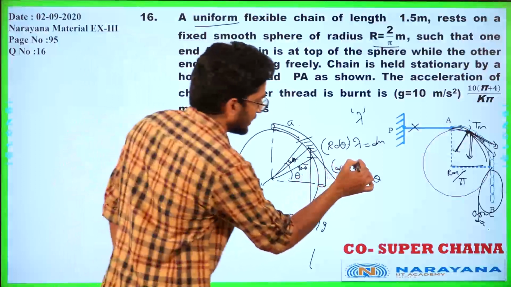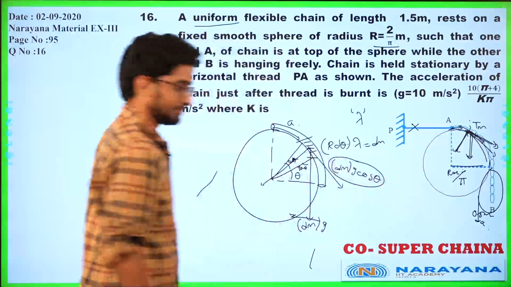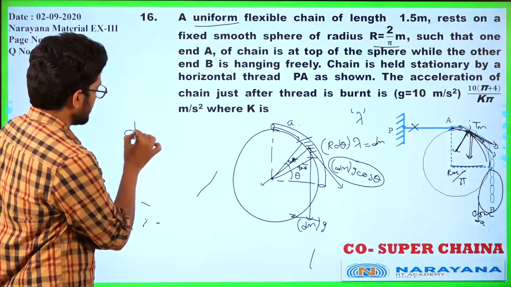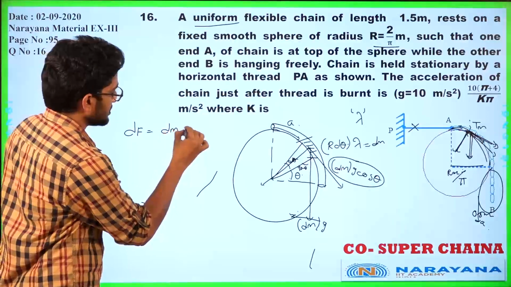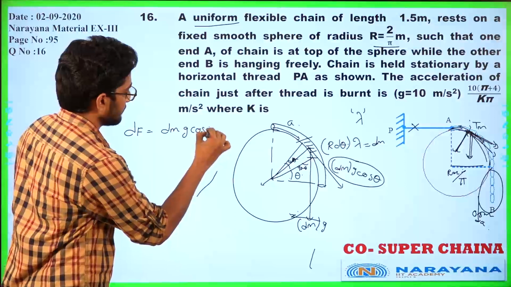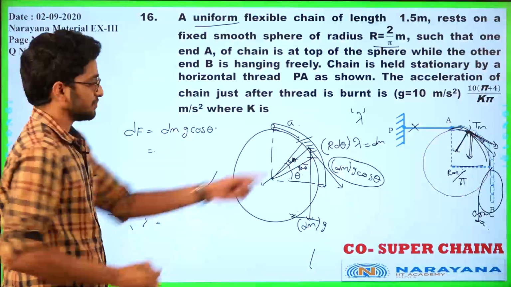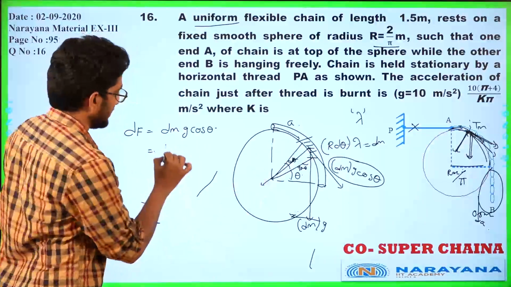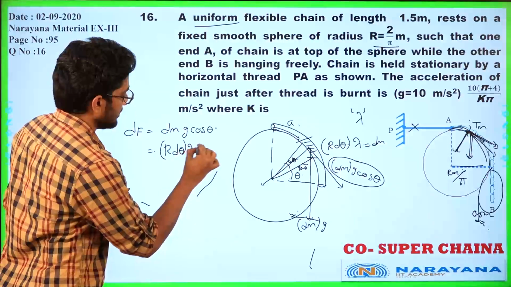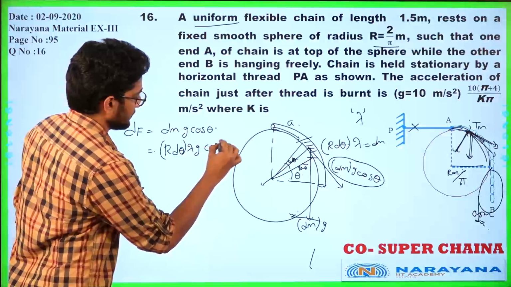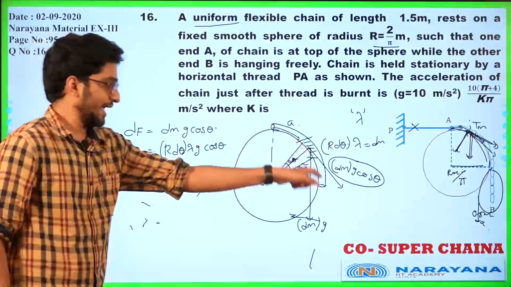Small tangential force acting on a small element is dm g cos theta. And dm, the small mass of the part, is r d theta into lambda, into g into cos theta. So that is the small force acting on this element.